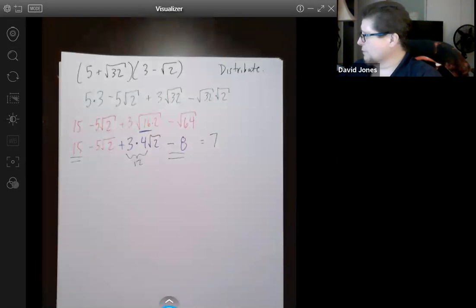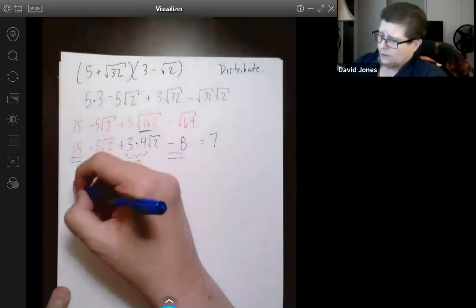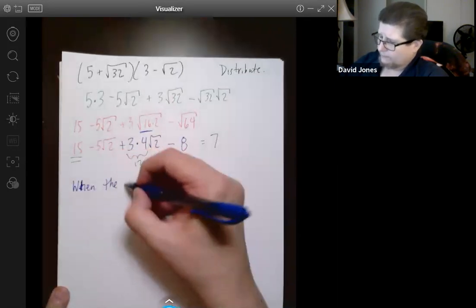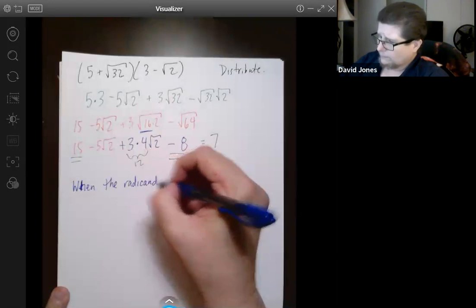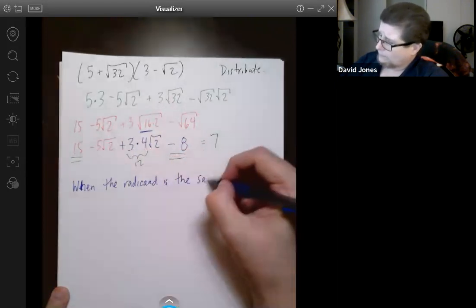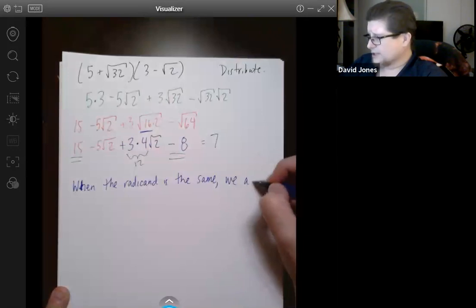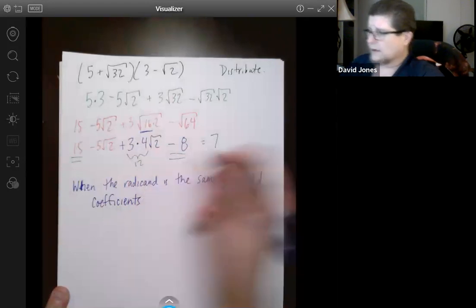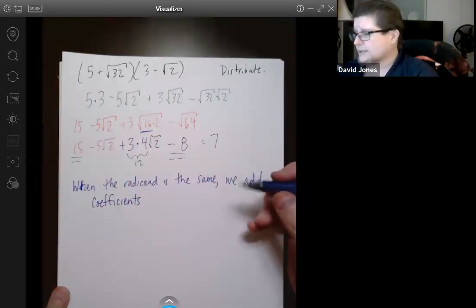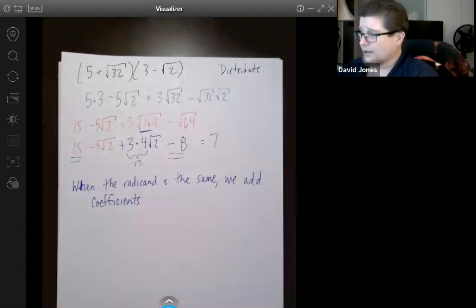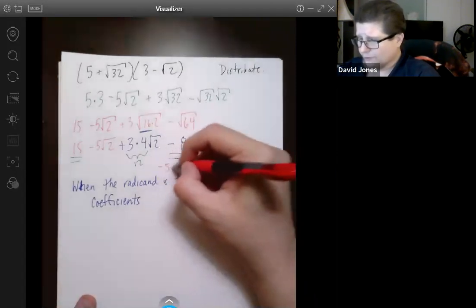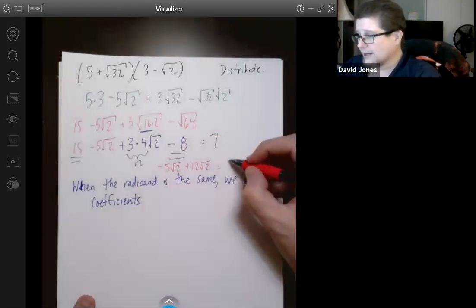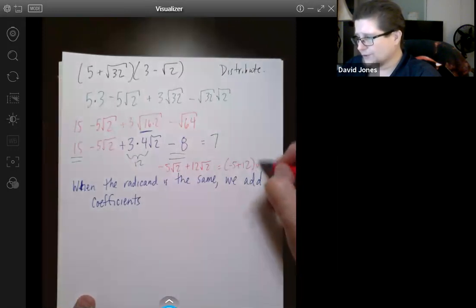And what do we do when we add, when the radicand is the same? We add coefficients. So this is 7, and then negative 5 root 2 plus 12 root 2, we add them: negative 5 plus 12 root 2.